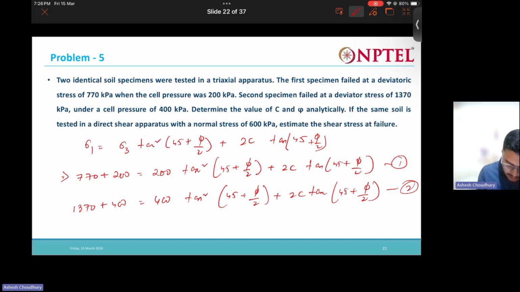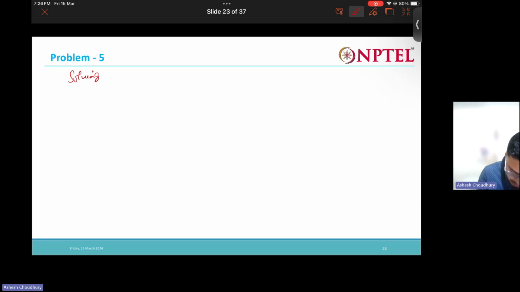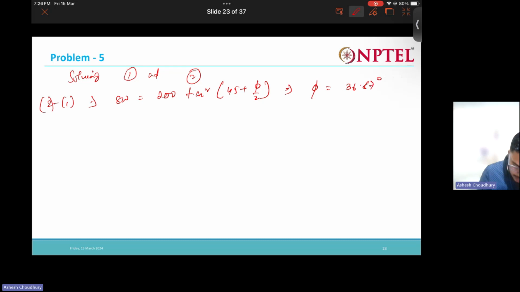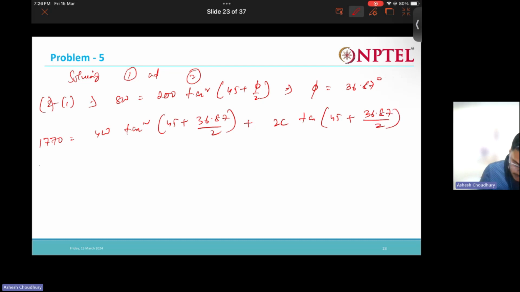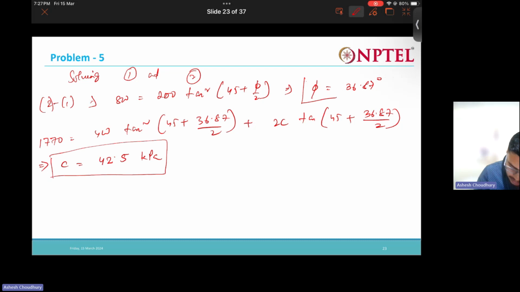Right. So if you solve this, now we'll put that. Like this, just by solving you can get it.